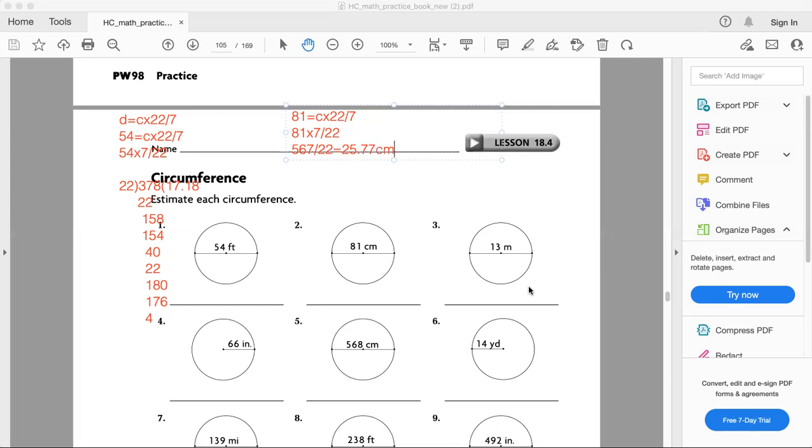Very good, Tuhin. Tuhin, you can do number 3 better. Okay. Now, Devanshu, tell me the answer of number 1, beta. Ma'am, the answer of number 1 is 17.18. Very good. Now do number 2, Devanshu. Ma'am, 25.77 centimeter. Very good. Do number 3, Devanshu.